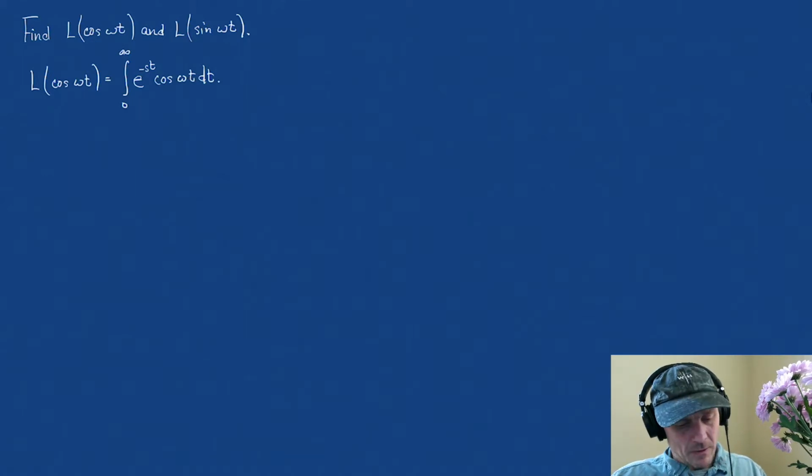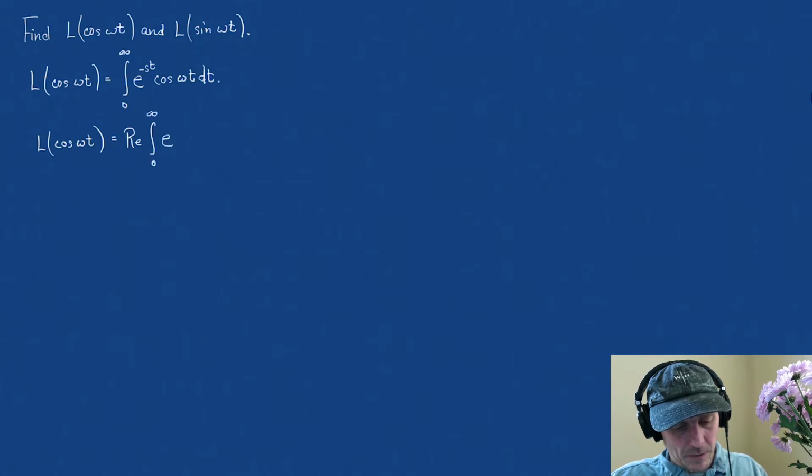Notice that I could have also said that the Laplace transform of cosine omega t would be the same thing as the real part of the integral from 0 to infinity of e to the minus st e to the I omega t dt. Because remember, we know that e to the I omega t by Euler's identity is cosine omega t plus I sine omega t.